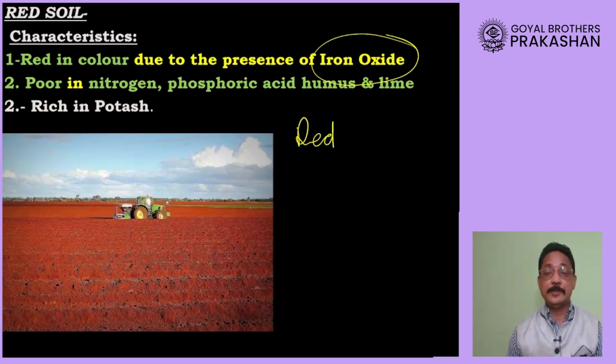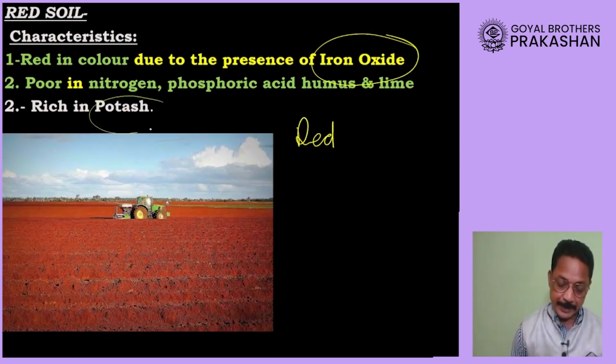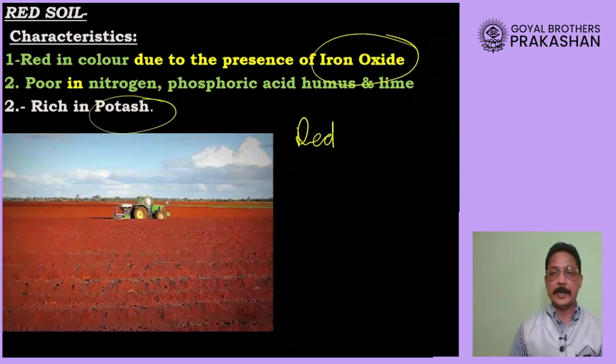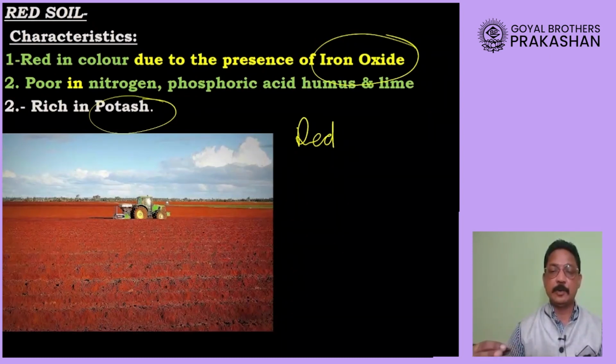Unfortunately, this soil is not very fertile. It lacks nitrogen, phosphorus, humus, and lime. So it's not a very fertile soil, but it does have potash present in it. We have already seen potash is required for plant growth and for greater crop yield.